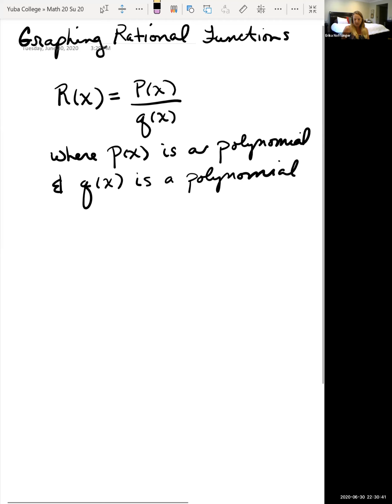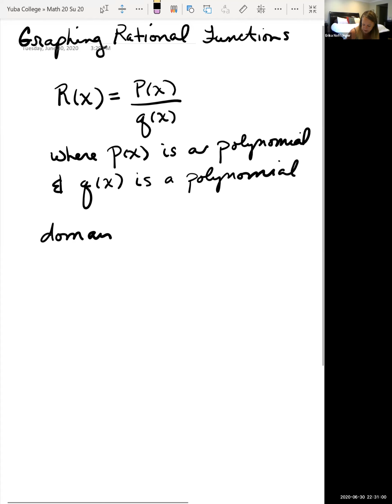So we noticed that when we had rational equations, we couldn't have any value which set our denominator equal to 0. And so for our domain, that's all values of x such that x does not set q of x equal to 0.